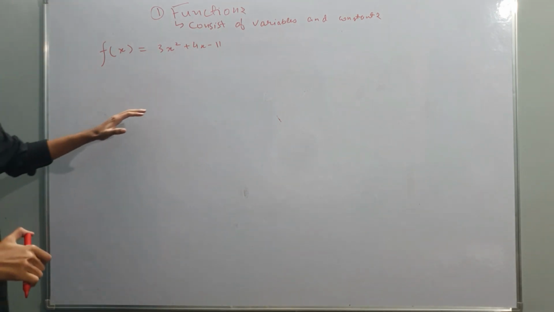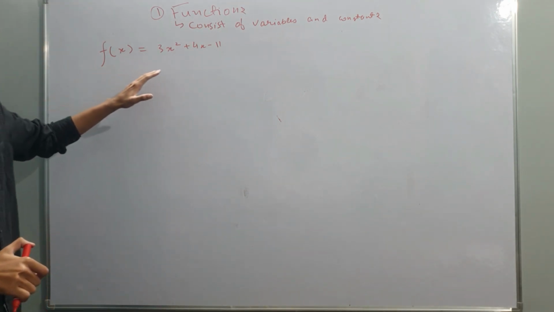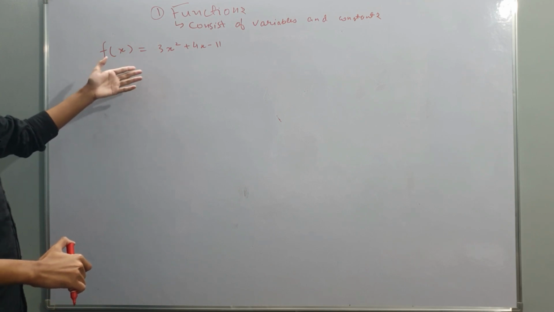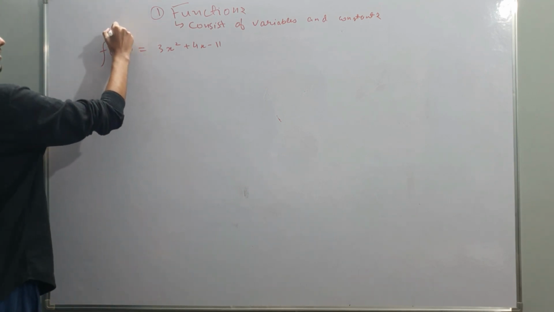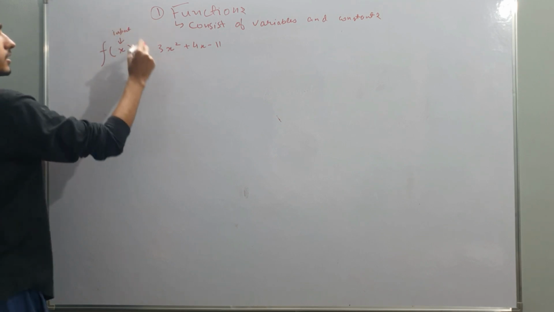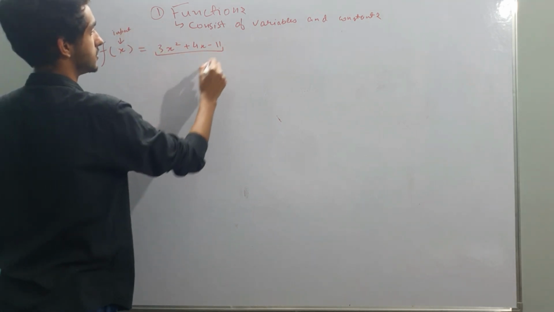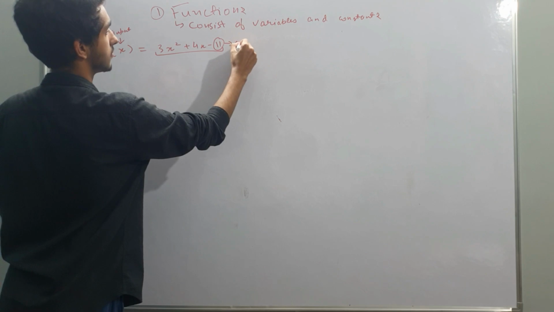So what would be the value for this particular function at x is equal to, let's say, 2? So as we said, this is the input value, and this value is going to change, and this is a constant.